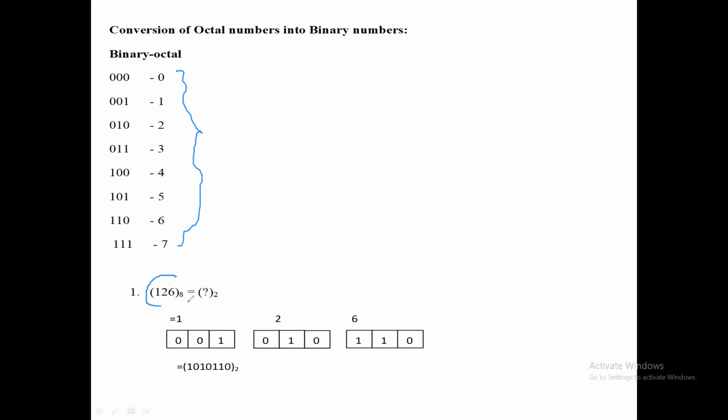Suppose if you want to convert this 126 into binary number system, then you just take down those digits 1, 2, 6 like this and represent those digits using 3-bit codes. So 1 is 001, okay, and 2 is 010, and 6 is 110. Okay, just write down that and then discard any zeros on the left side. You will get the corresponding binary number. Okay, 1010110 like this, right? It's a simple process. There is nothing difficult in that.